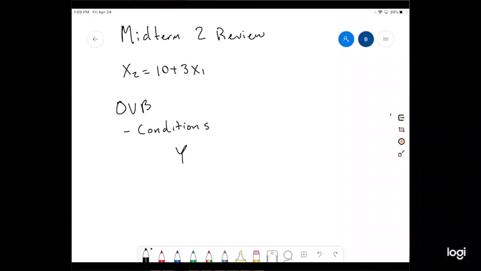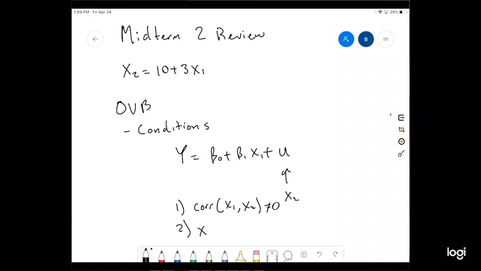So in our model, we're talking about things contained in U, right? So what's contained in U? If this is x1, x2 would be contained in U. The conditions would be that 1, correlation between x1 and x2 is not 0, and 2, x2 explains some of the variance in y.